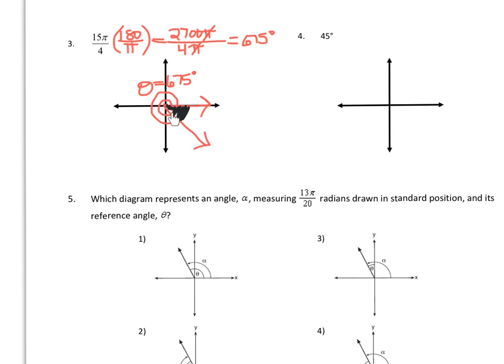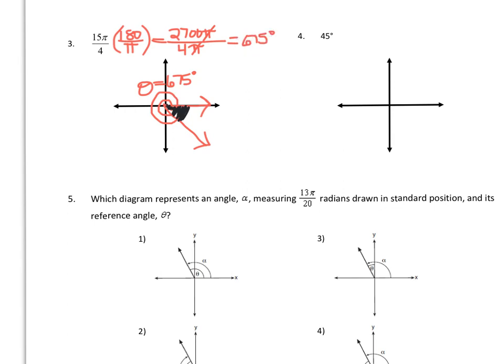Okay, we need to subtract off a full 360 degrees. Because if we take this big angle and take off 360 degrees, if we take off this circle right here, wouldn't that leave us with this part of the spiral right there, which is the fourth quadrant angle that's coterminal, which means it shares a terminal side with this big angle.